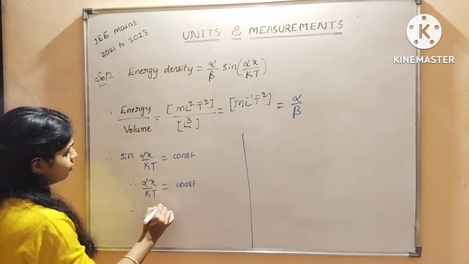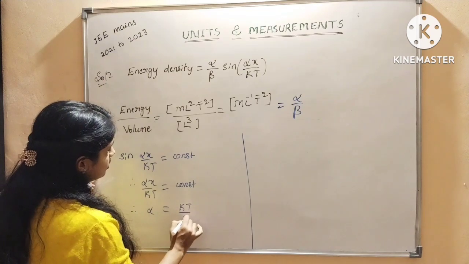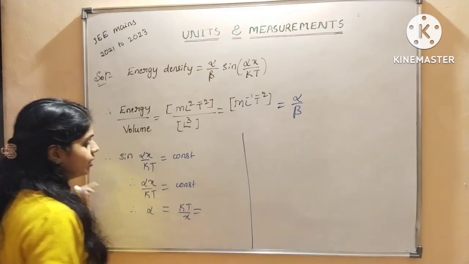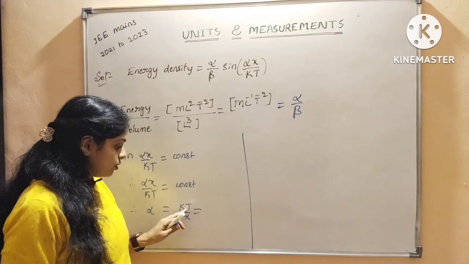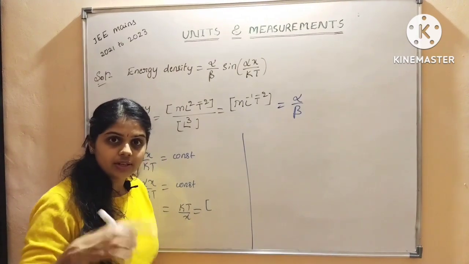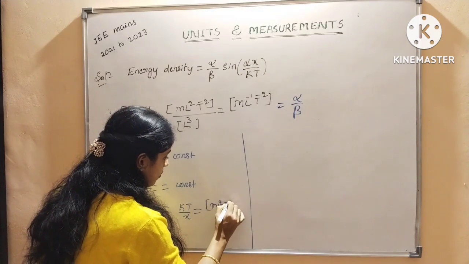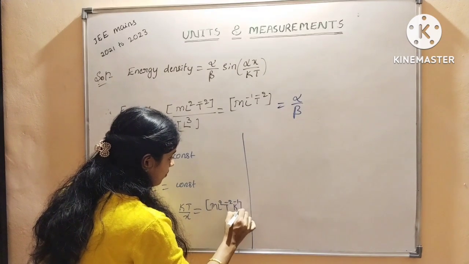Therefore, the dimension of alpha will be equal to the dimension of kt by x. What is the dimension of k? You already know it. Joule per Kelvin is the SI unit of the Boltzmann constant. Therefore, m L square T raised to minus 2 per Kelvin.